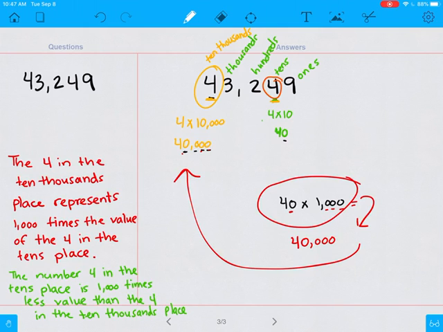You could also write like this: 40,000 is greater than 40. Another way you can word that would be 40 is less than 40,000. So those are the several ways that you compare those two numbers.